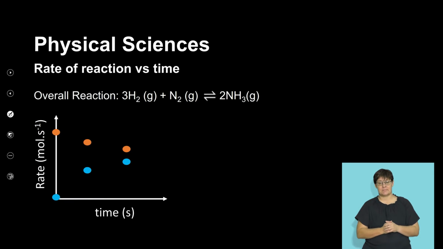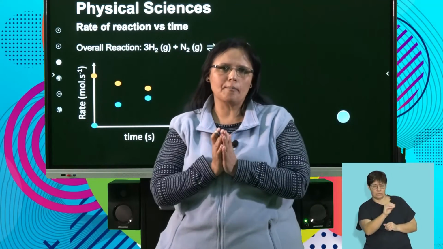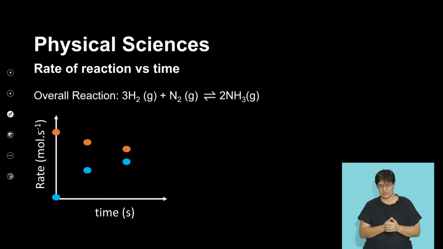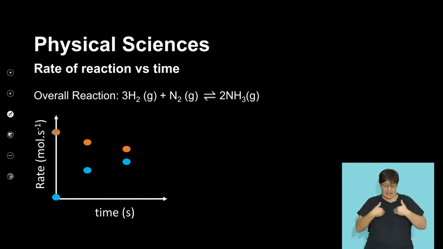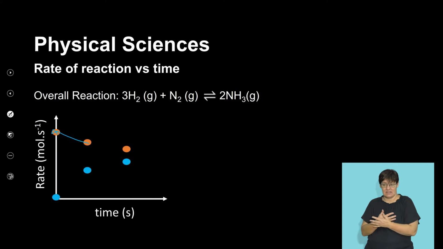That brings us to the graph. Now I want you to see what we've done on the graph now. I've now plotted the points over time. So I'm just going to explain again. What happened to the rate here is at the beginning we had loads of nitrogen and hydrogen that started to convert fast into our ammonia.